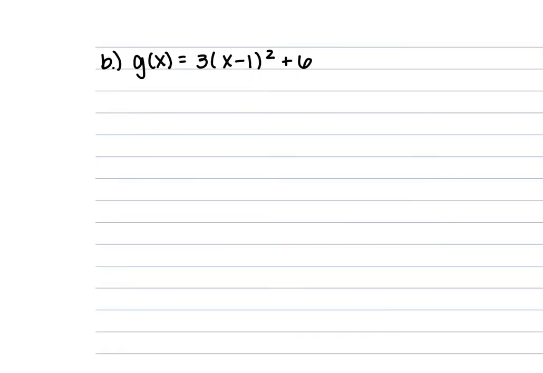Let's do another one. B, g of x equals 3 times x minus 1 squared plus 6. What do I do? Good. Where's my vertex? 1, 6.